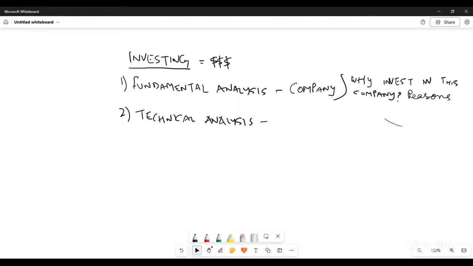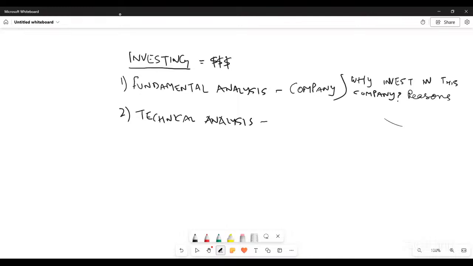So fundamentals is what's gonna keep the stock prices rising. So why invest in Microsoft back in 2018? Because it continued to have a product that they can sell. So that's one way to look at a company.